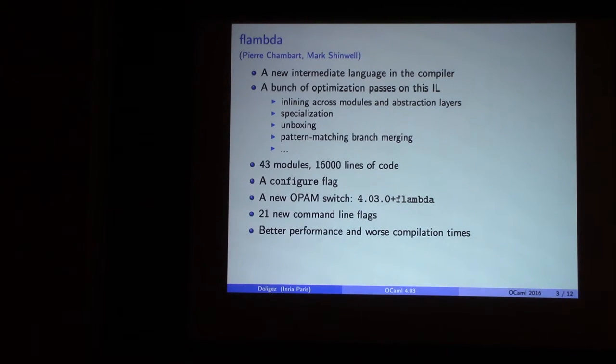It's a configure flag and a new OPAM switch, which you can try right now if you have network connectivity. It introduces 21 new command line flags to control all the optimizations. And what it gives you is better performance for your programs and unfortunately worse compilation times, which Pierre is working on right now.